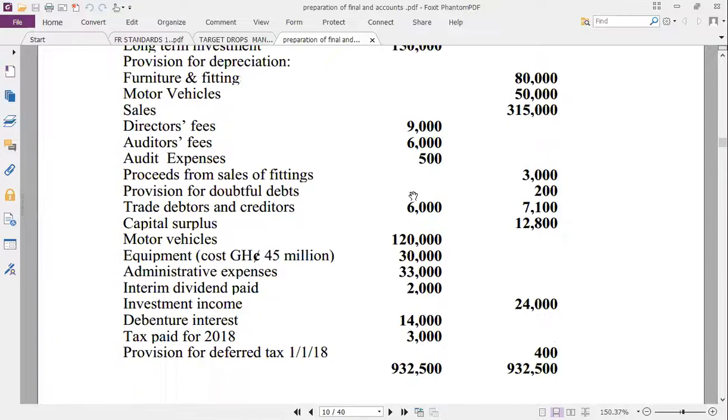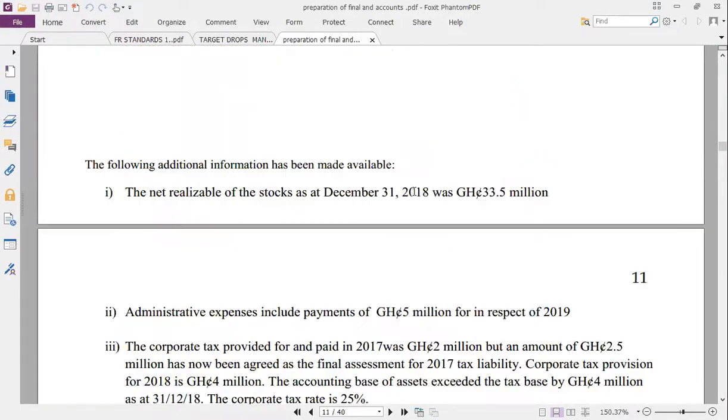You go to the first footnote, so that the net realizable value of the stocks after 31st December was 33,500. So that side too, there must be a write-down by 0.5 million. Good. So kindly do that and prepare the financial statement again for me.